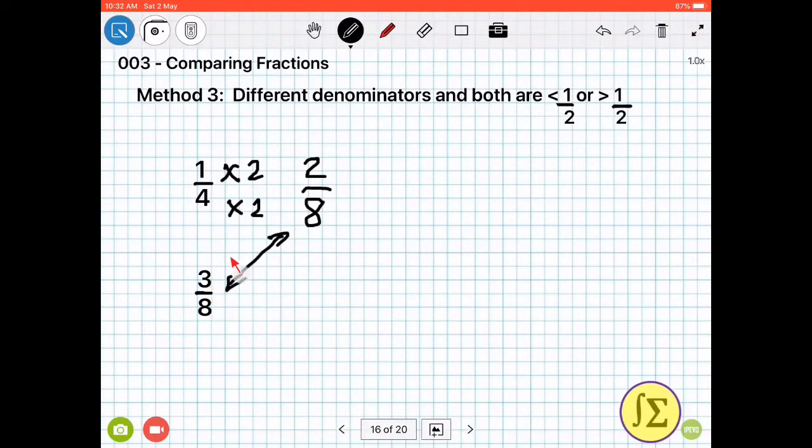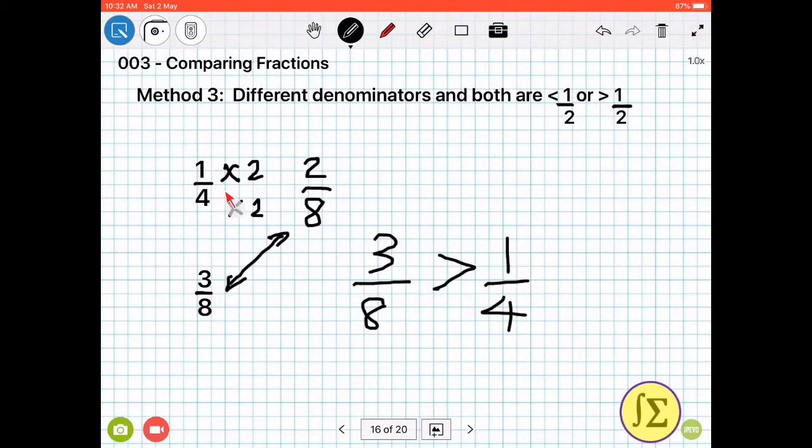Since 3 is larger than 2, we know that 3 over 8 is larger than 2 over 8, or 3 over 8 is larger than 1 over 4.